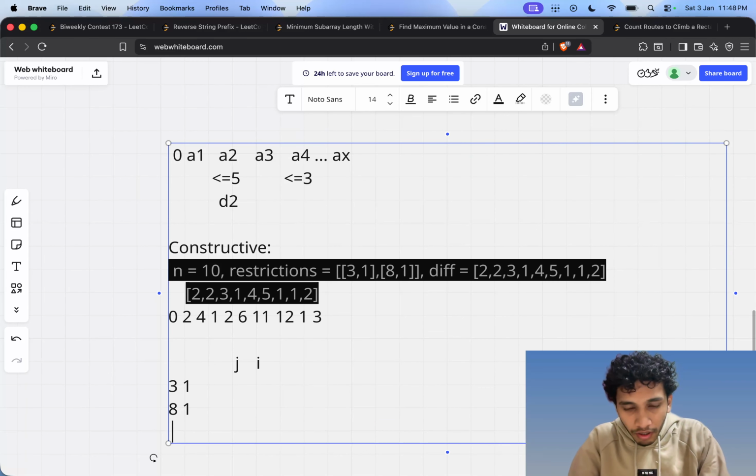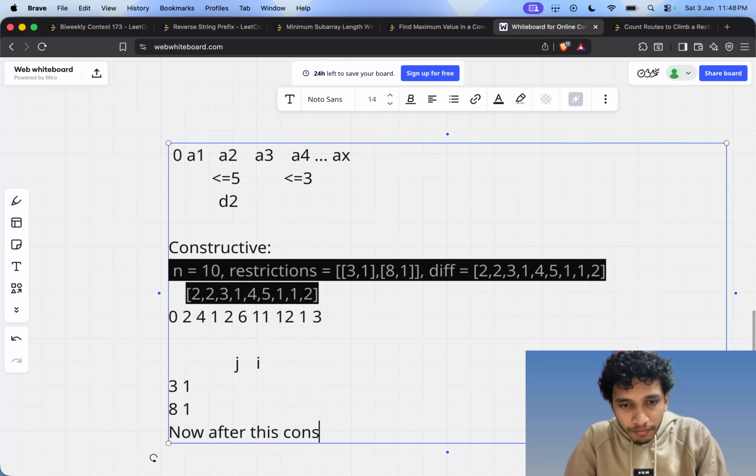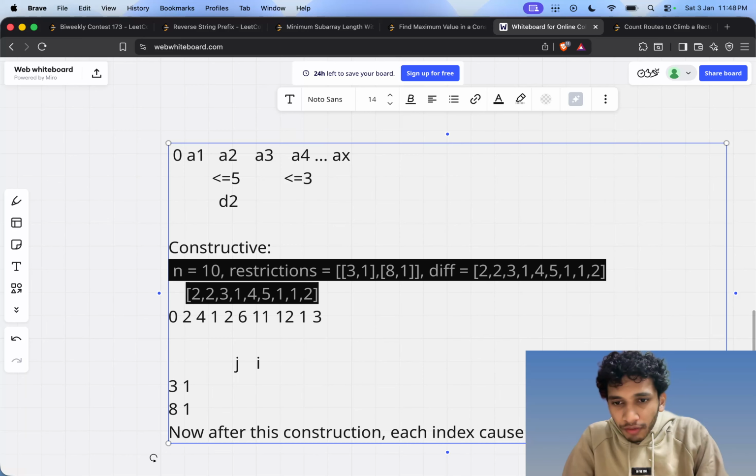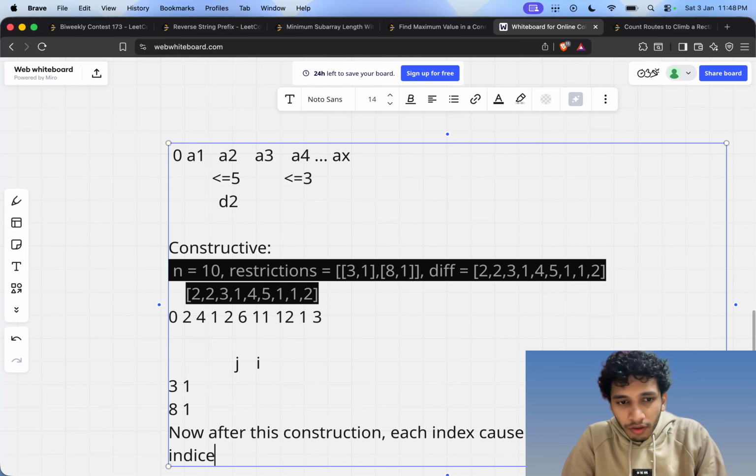Let's write it down. Now, after this construction, each index causes restriction on only the indices present before it.